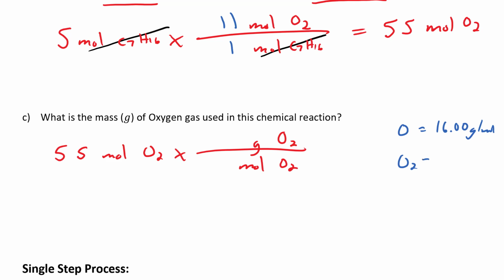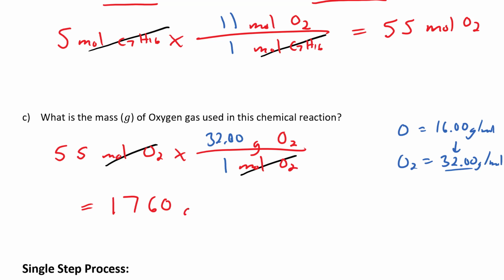There are 2 oxygens, so therefore the molar mass of O2 gas is 16 times 2. Again, 4 significant digits. 1 mole is 32.00 grams of oxygen gas. Those cancel out. Here I get 1,760 grams of oxygen.